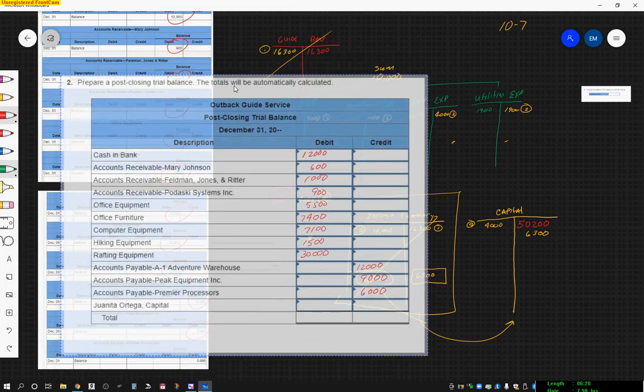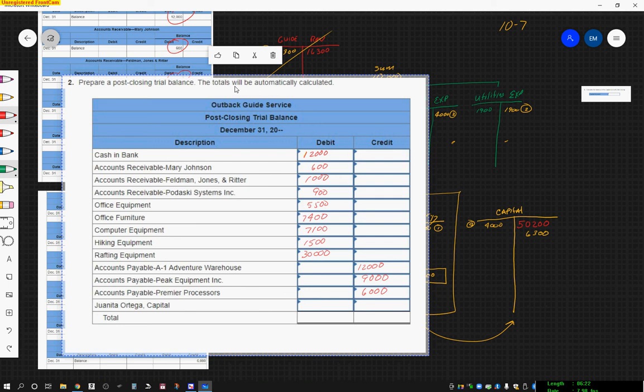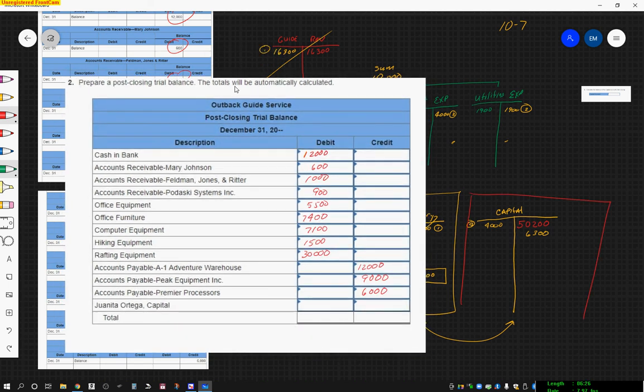Well, we'll go back to our drawing here, and this is the account that we're dealing with. All the temporary accounts have been dealt with already. So we're going to say, what is the difference between the decrease side and the increase side?